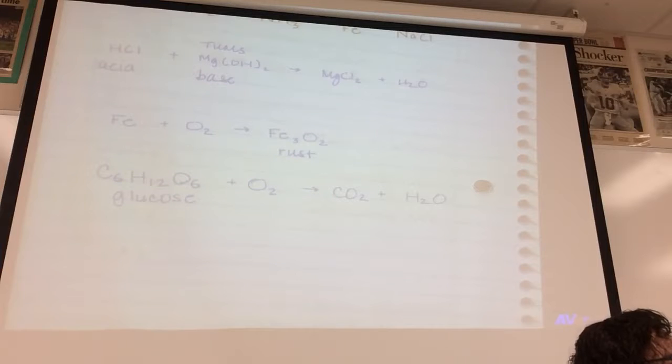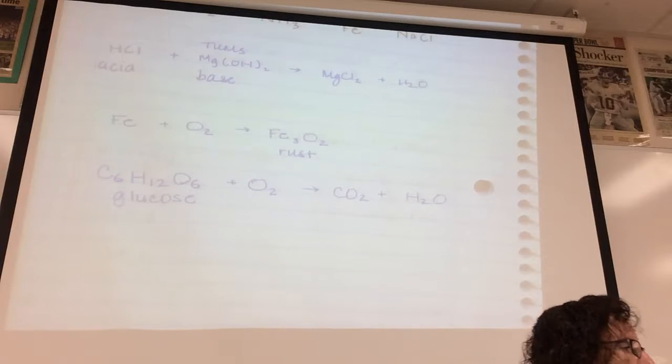Now we said that chemical changes involve chemical reactions, and I've drawn a few out here for you. What happens here is you have elements reacting with compounds, or you could have 2 elements reacting together to generate products. So you're generating new substances that have properties different than what you started with.